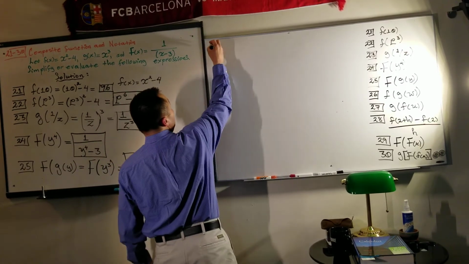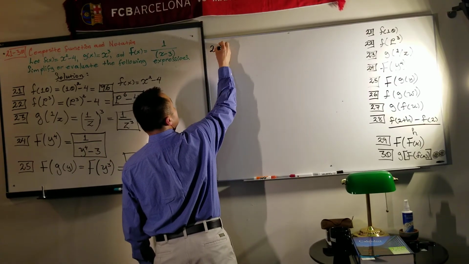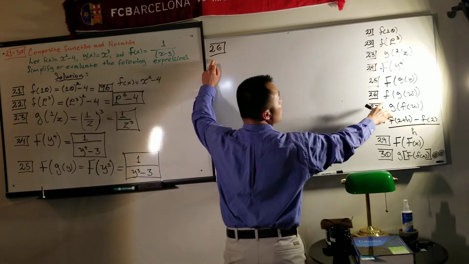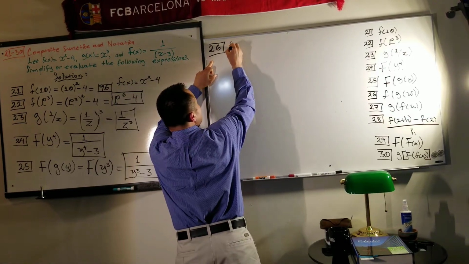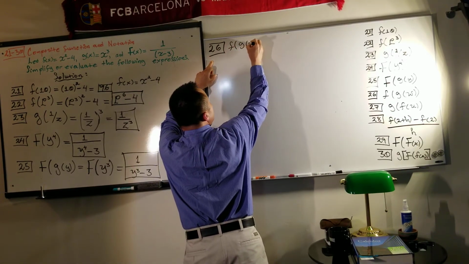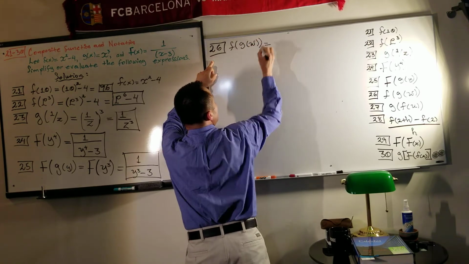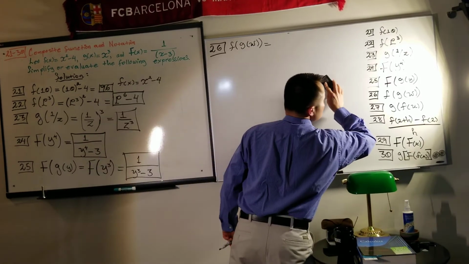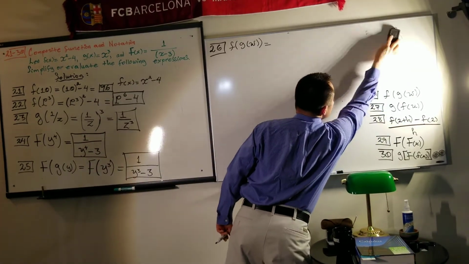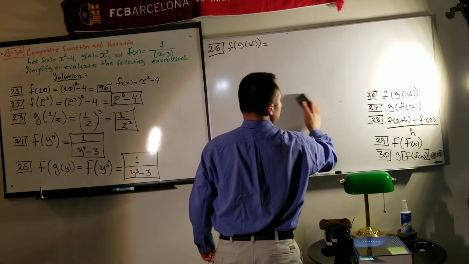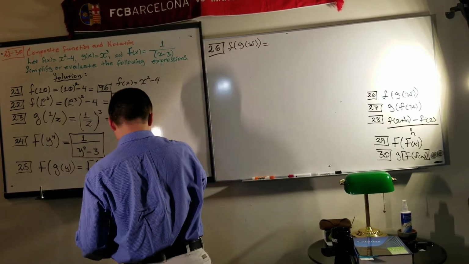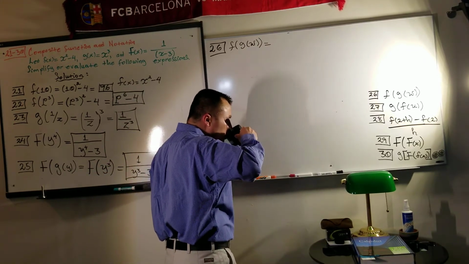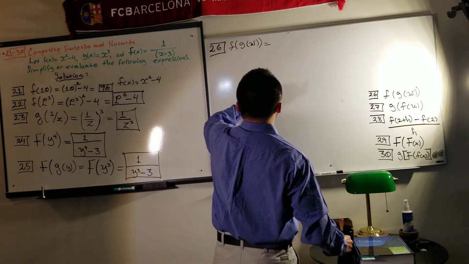Let's go to problem number 26. And 26 says f of g of w is equal to f of g of w.